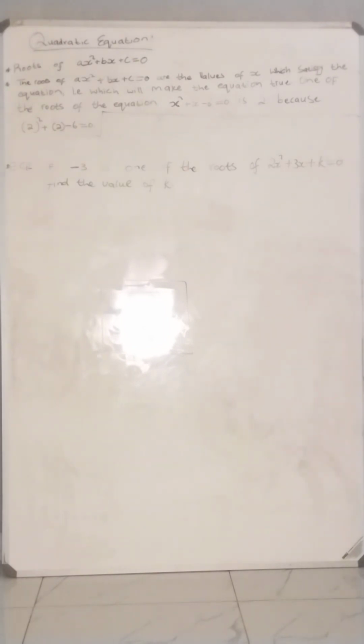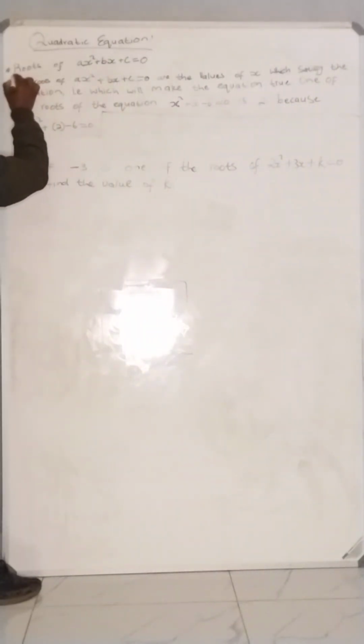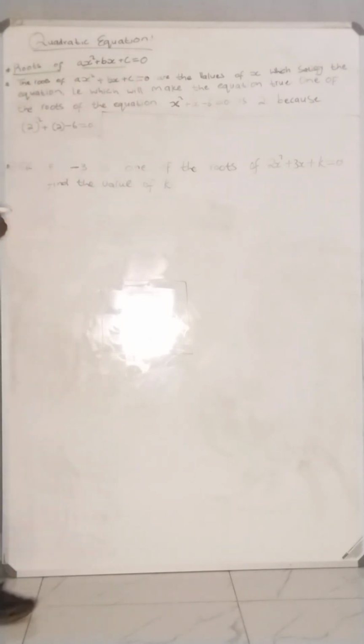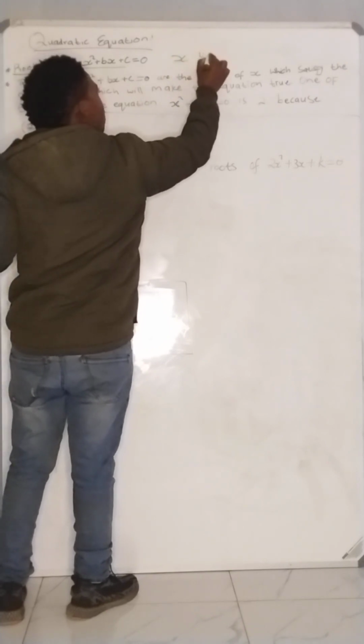So the first thing they indicate to you is that the root of ax squared plus bx plus c equals 0 is the x values.